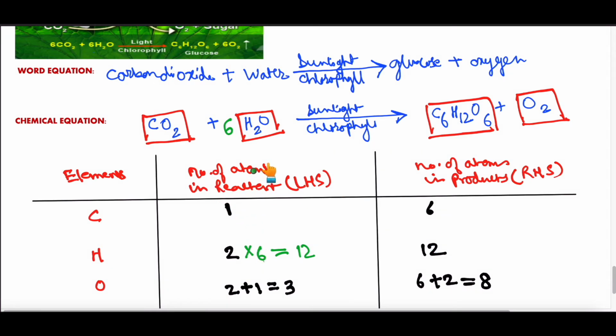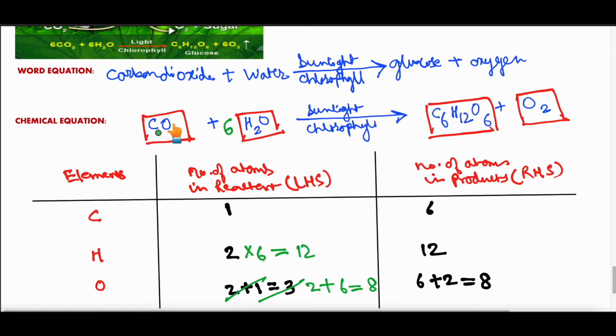But while balancing this hydrogen atom, the oxygen atom on the reactant side has changed. It has become 2 times 1 plus 1 times 6, so 6. So now the oxygen atom has become 8 on the reactant side, and yes, we have 8 on the product side too. So it has automatically got balanced. Now check again the whole equation.